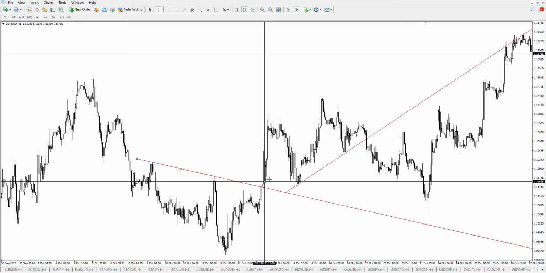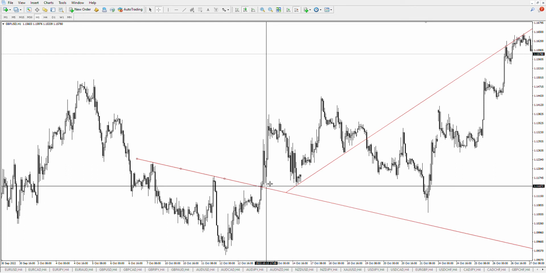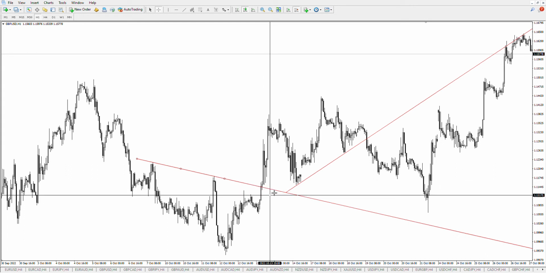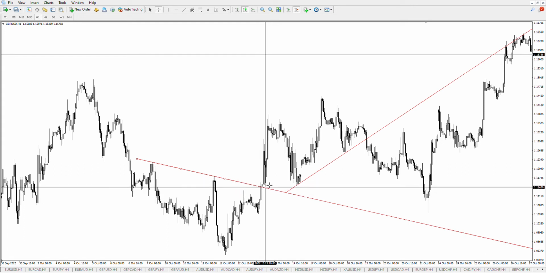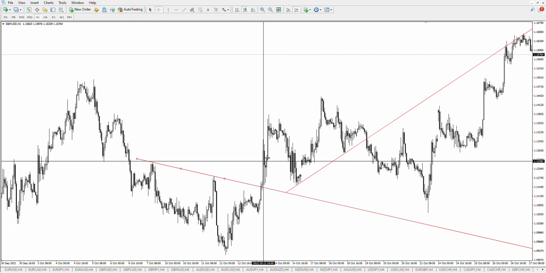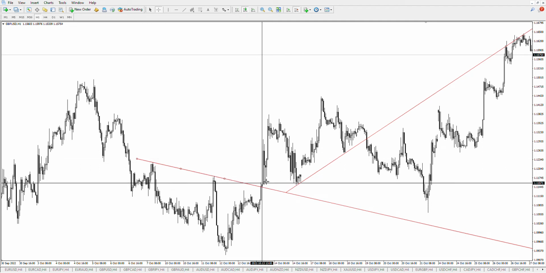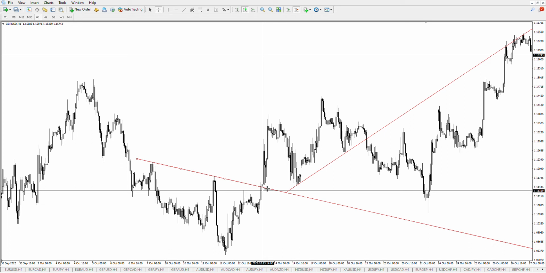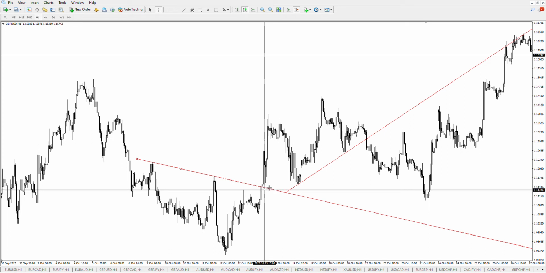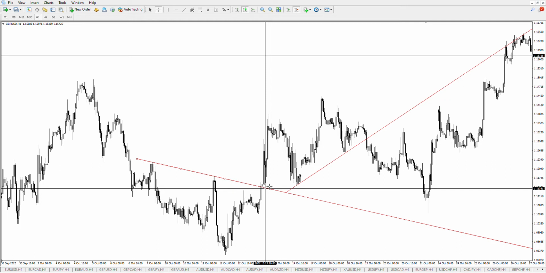Well, the breakout occurred here. We had a sort of a gap. Usually if you have a gap, a very tiny candle, and then continued by the big candle or just a clear gap, then it's a true breakout as well. A gap breakout is a good example of a true breakout.